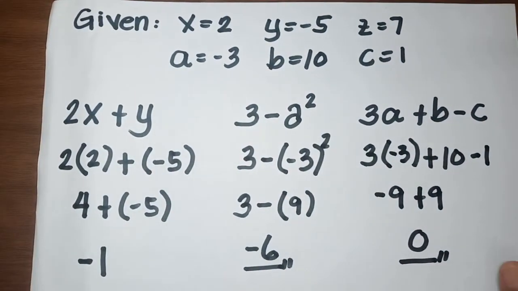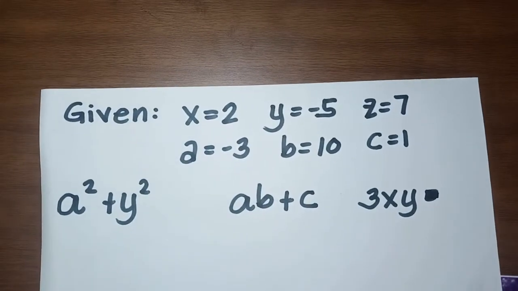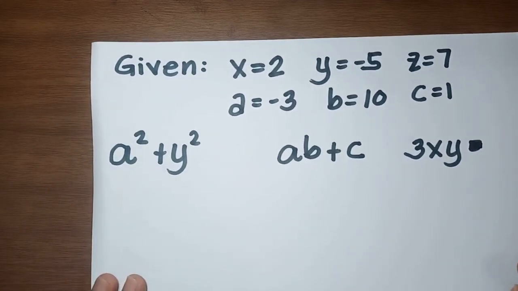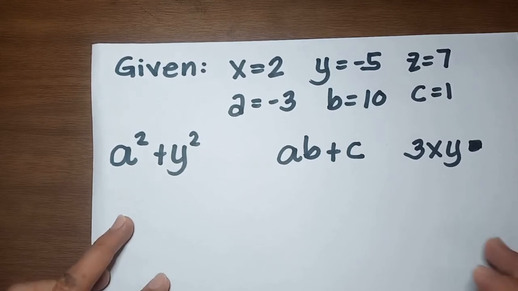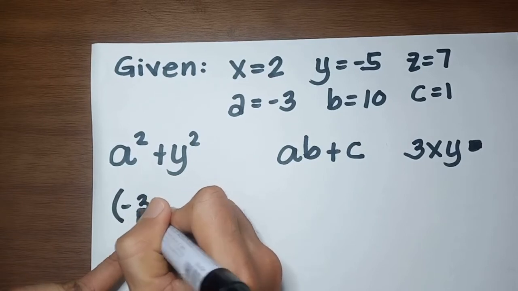Okay. Let's proceed to another example. We are still given x equals 2, y equals -5, z equals 7, a equals -3, b equals 10, and c equals 1. For example, we will evaluate a squared plus y squared. This time again we have a is -3, so change a with -3.